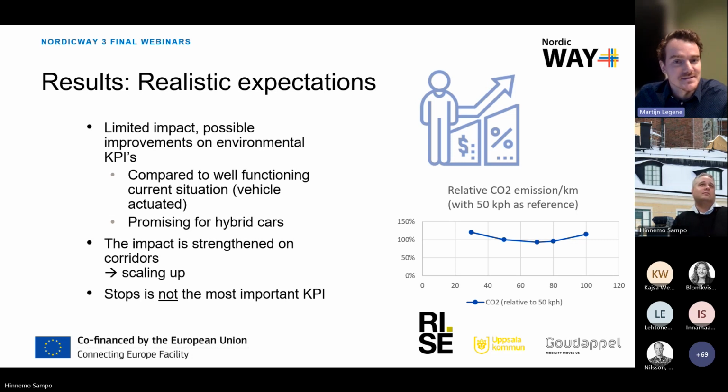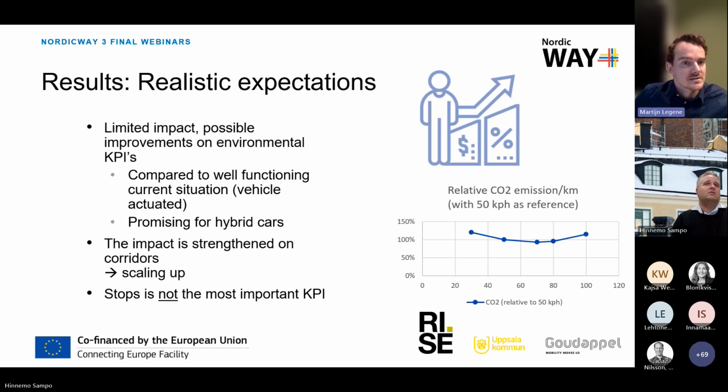I will talk about the results indeed in Uppsala. What we mainly wanted to achieve is to gain realistic expectations on the impact of CITS on intersections. We carried out the simulation in Vissim, and we varied multiple variables that explain how CITS could work, how the road users can interact with the traffic lights.